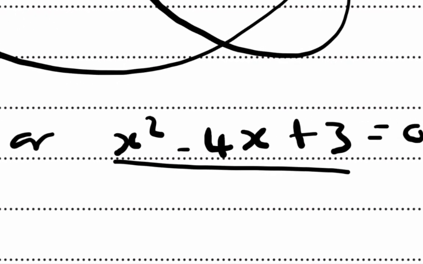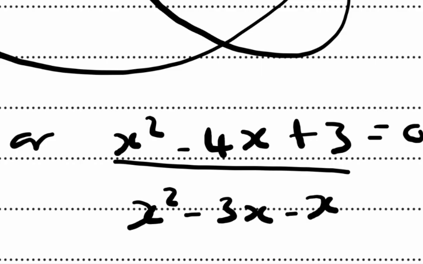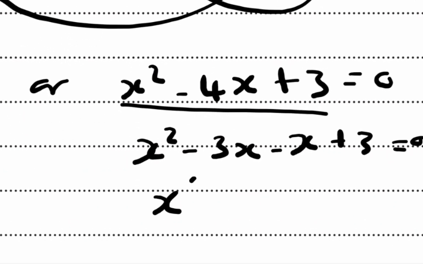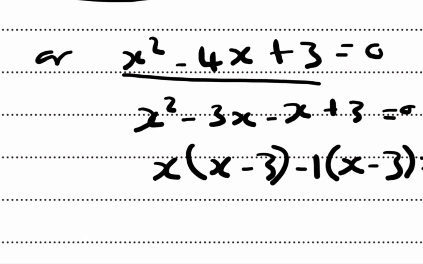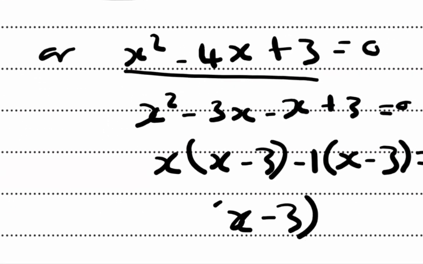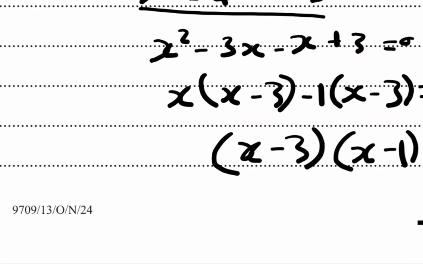It's minus, so x squared minus 3x minus x plus 3 should give us 0. So x(x − 3) minus 1(x − 3) should give us 0. So we're getting x minus 3 and x minus 1 being equal to 0. And solving that, we get x is equal to 3 or x is equal to 1.